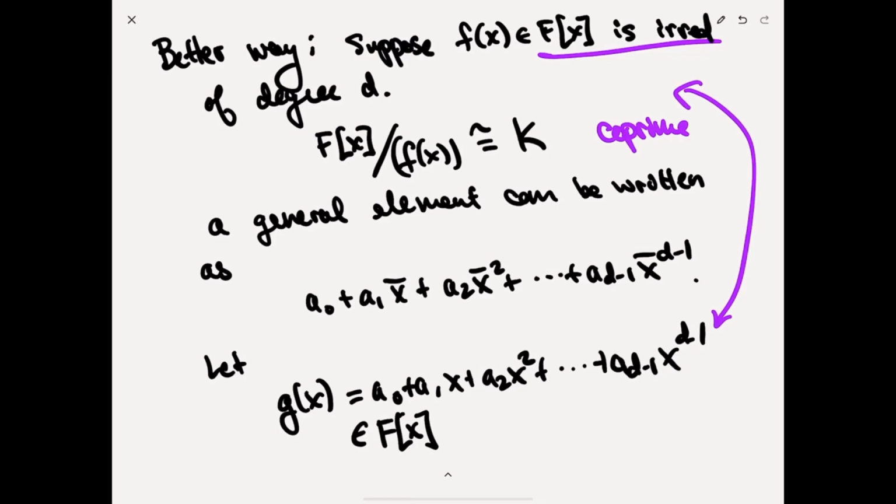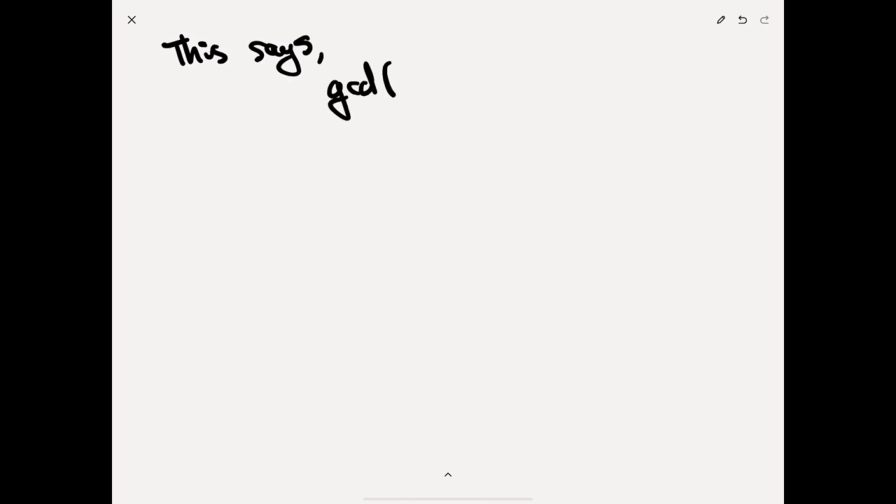Since they're co-prime, their GCD is 1. And so what does this tell us? This says that the GCD of f of x and g of x is equal to 1.